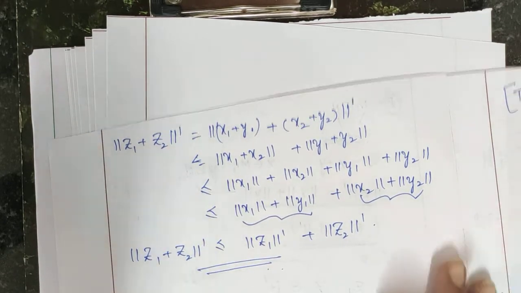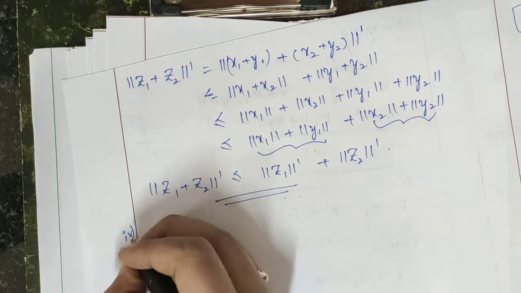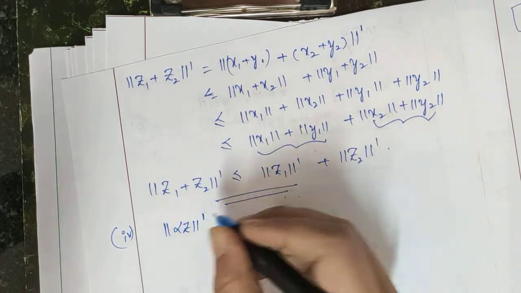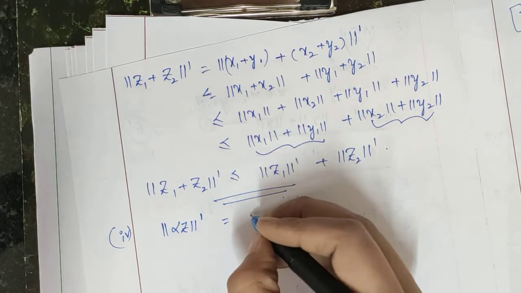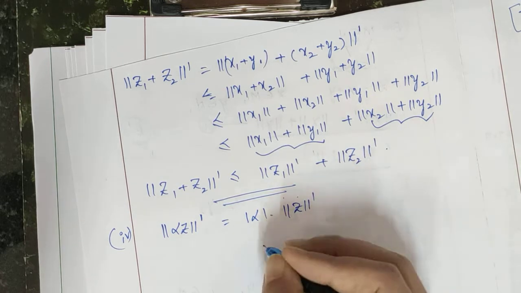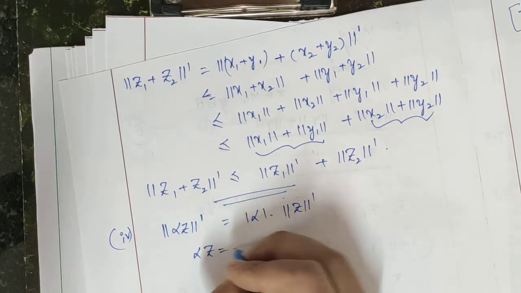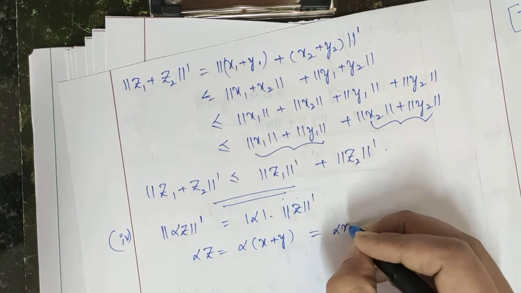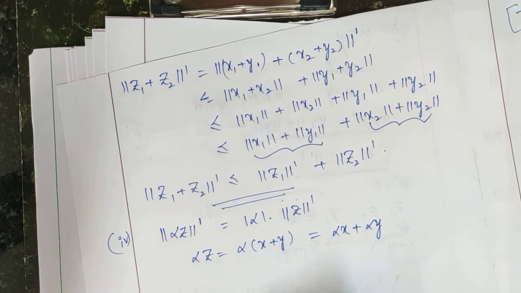And the fourth condition is norm alpha Z prime. I have to prove this is equal to mod alpha into norm Z prime, right? So I can write alpha Z as alpha into X plus Y. This is nothing but alpha X plus alpha Y, right?